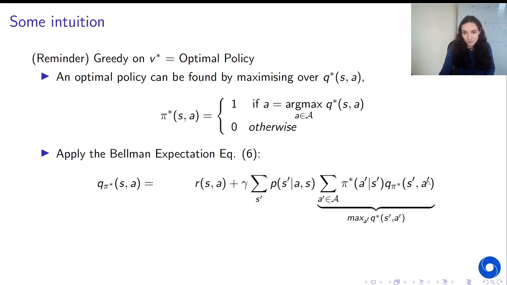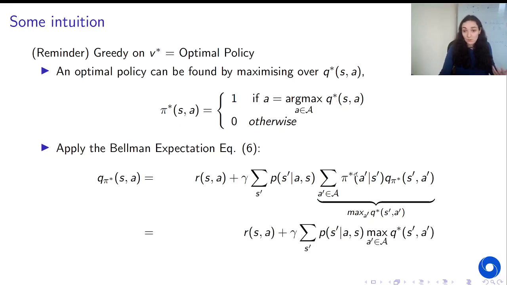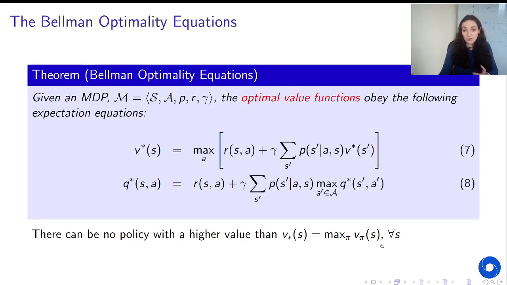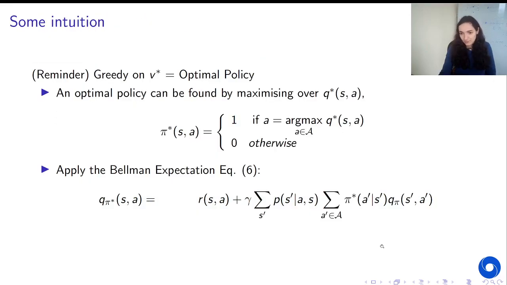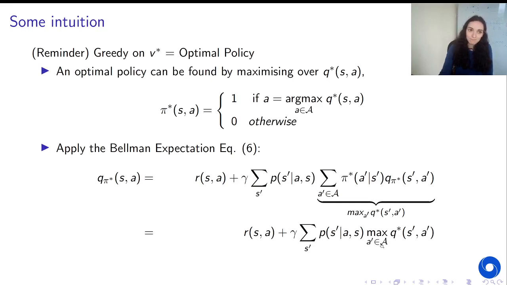So this first part is just rewriting the Bellman expectation equation for pi star. And this is just taking into account the definition of pi star as the max over Q pi. Which means that we get this expression, which is exactly what the optimal Bellman equation says. And the same thing can be done for V. Cool.